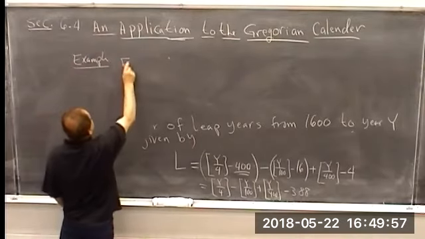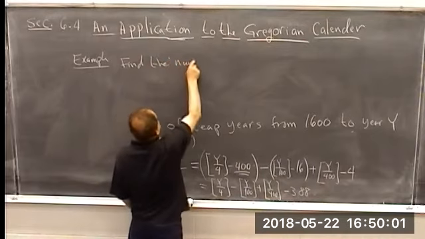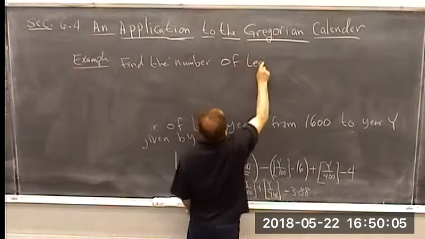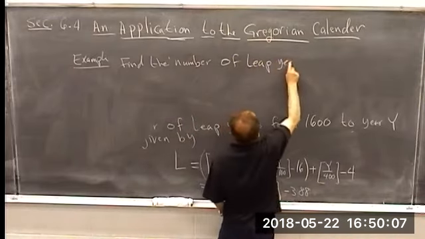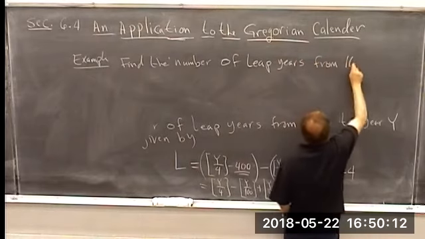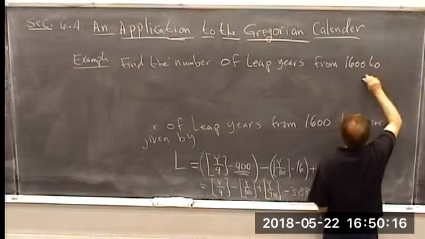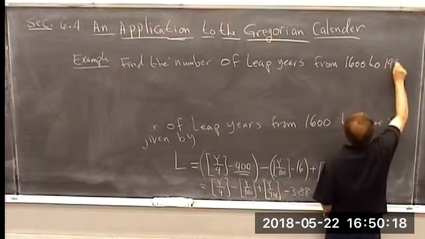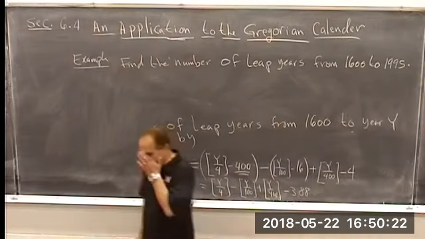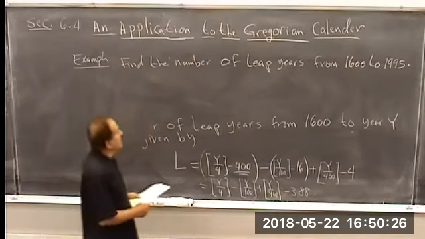We're going to find the number of leap years from 1600 exclusive to 1995. Of course, 1995 is not a leap year, but this is in general the way the formula works.